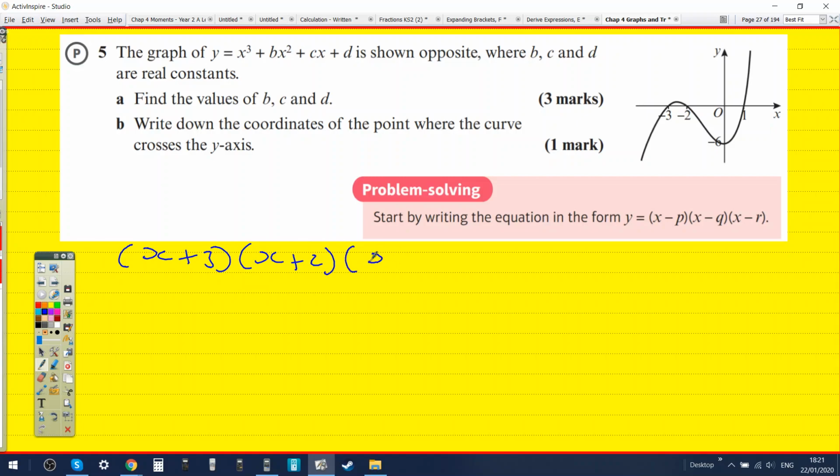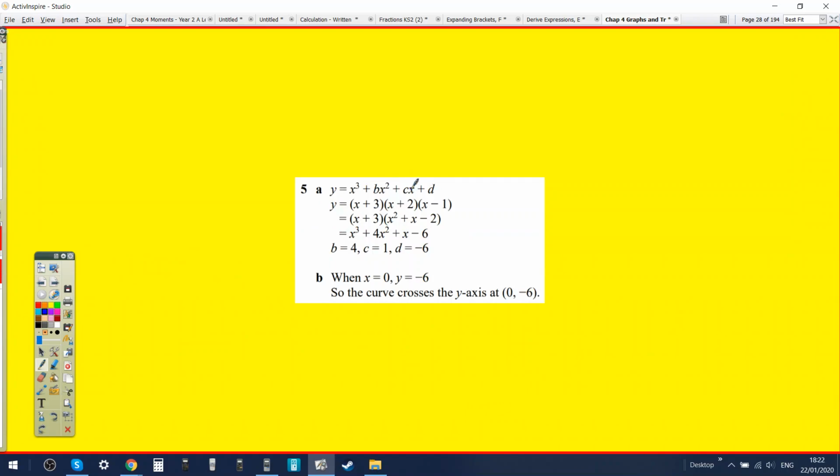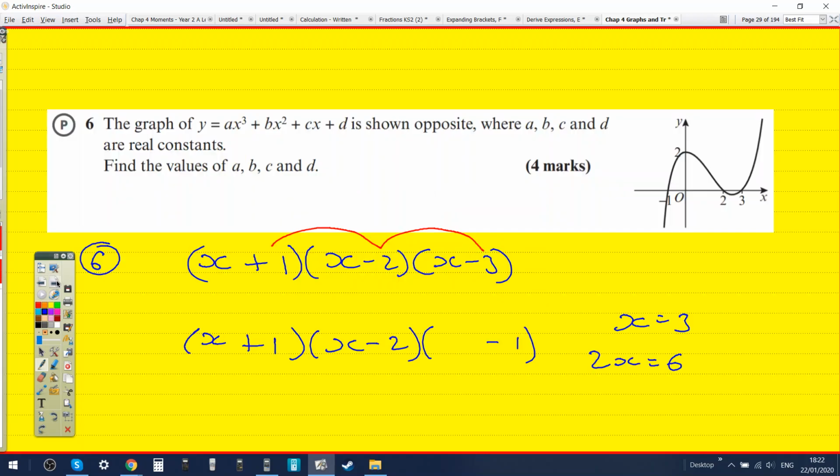And that gives us a y-intercept of -6, and then you just expand it. Let me just see. So how are we supposed to know this one?